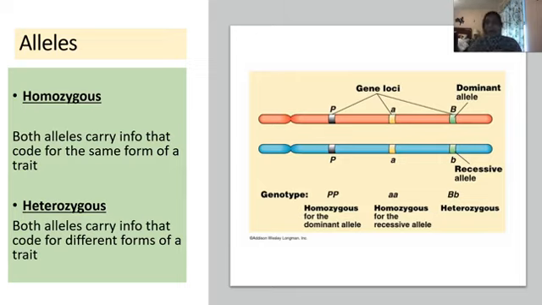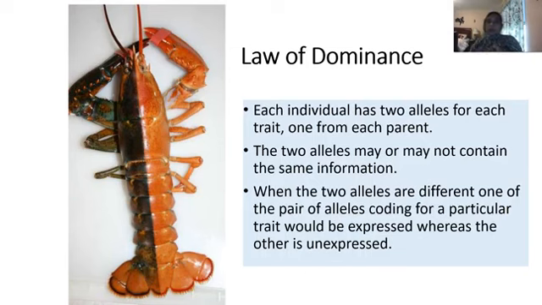So one will be for blue, one would be for brown eyes, one would be for short, one would be for tall. And so whatever that trait is, they are going to have different variations in a heterozygous case.